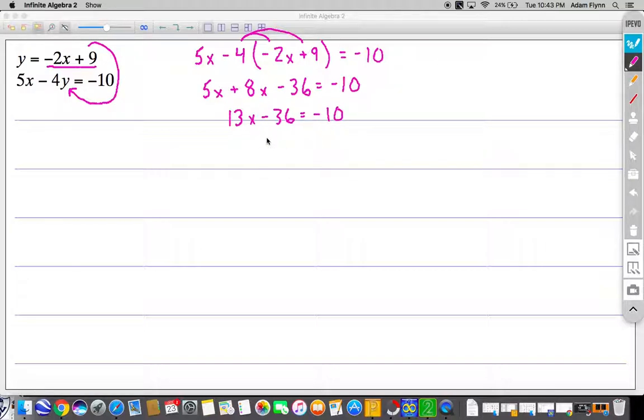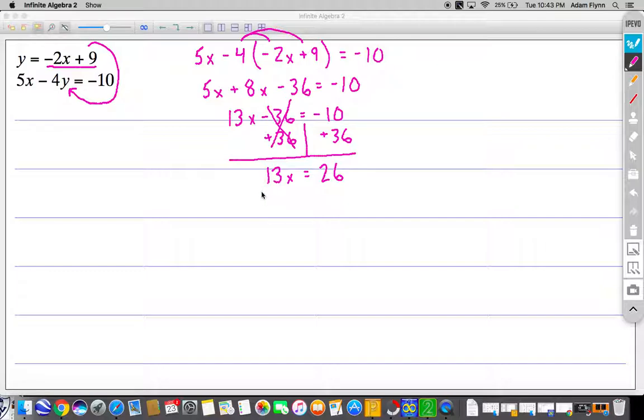So now I'll solve for x. I'll add 36 to both sides. And when I do that, negative 36 plus 36 cancels. So I get 13x equals negative 10 plus 36, which is 26.